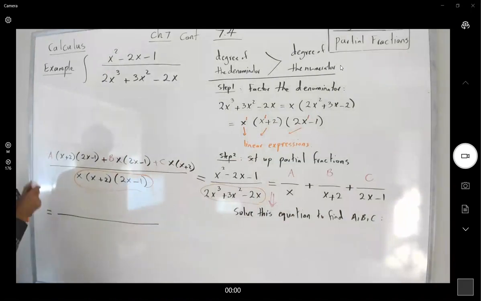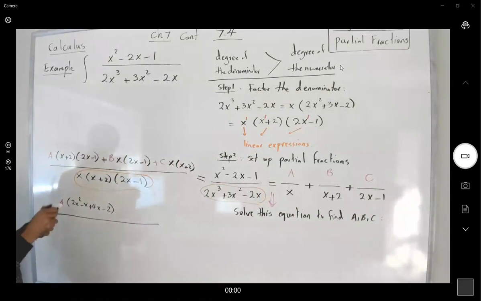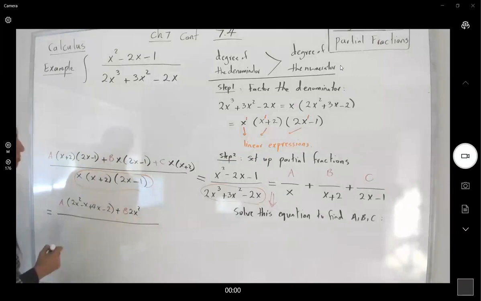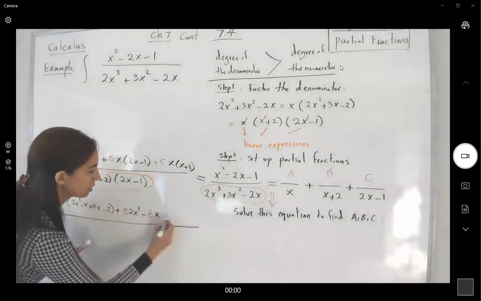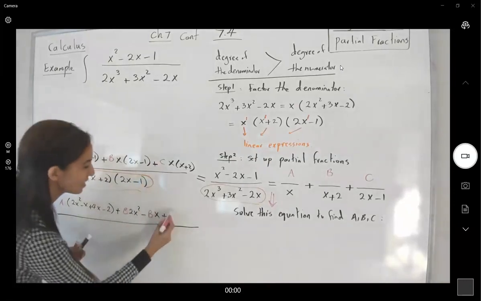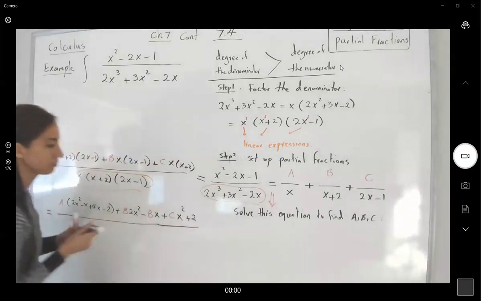We have A times, we get 2x squared minus x plus 4x minus 2, plus B times 2x squared minus bx, then here we have plus cx squared times 2, so 2cx squared plus 2cx.